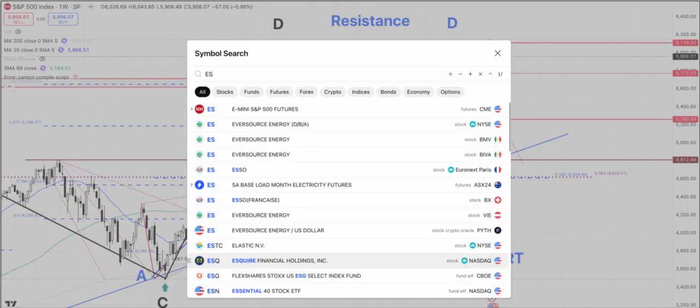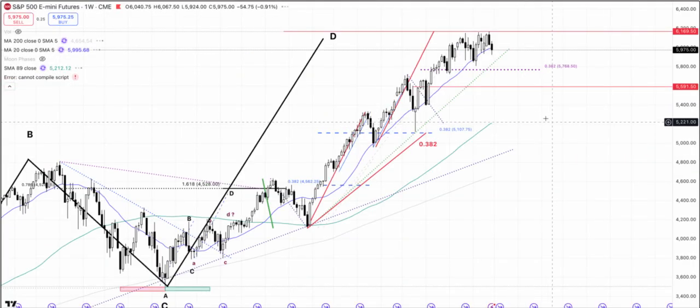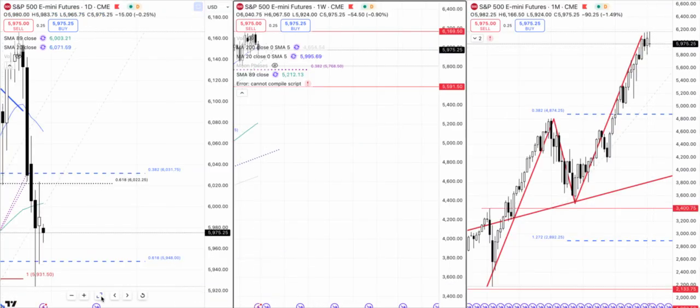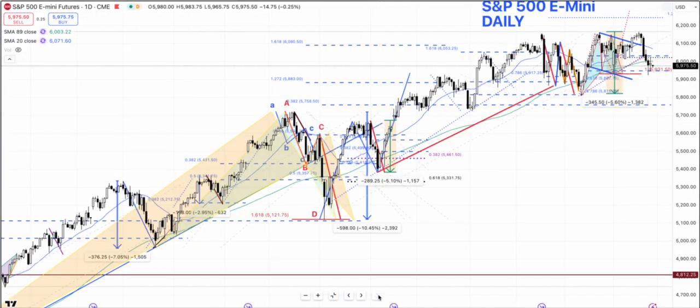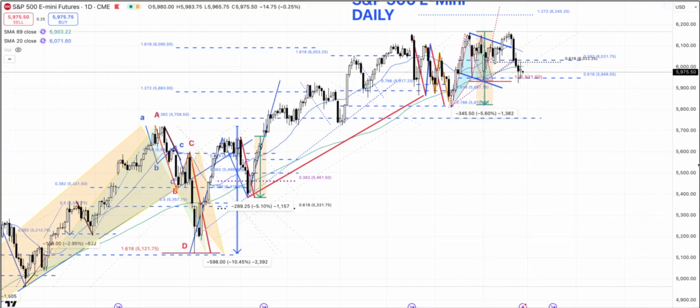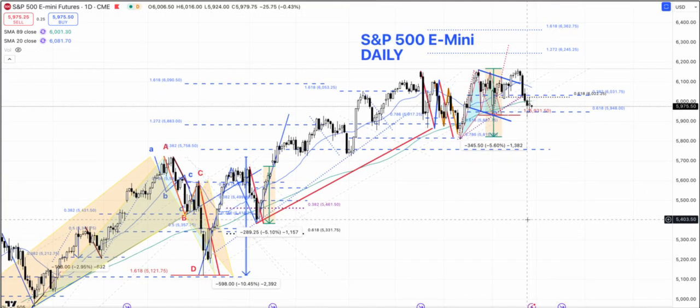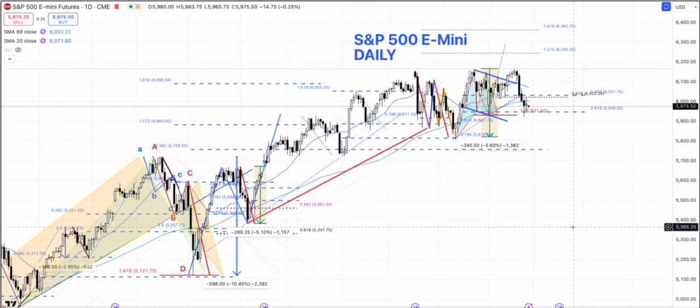And on the futures, we have a similar situation. The market has gone nowhere for a couple of months now. And on the daily chart, you can see the futures actually closed a little bit higher. I think it's because of the Nvidia earnings, which have been good. So the price action benefited through that.